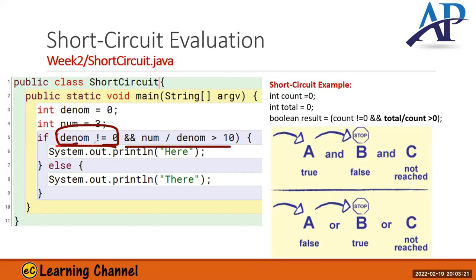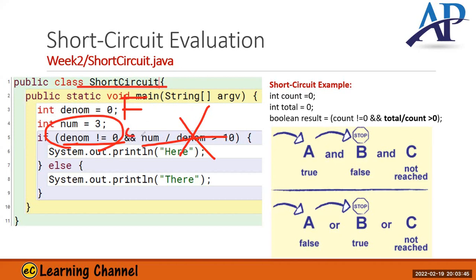For example, if the denominator is 0 and you try to work on 3 divided by 0, the second part will not be evaluated. We call it short circuit because the first part is already false, and false and anything is still false.